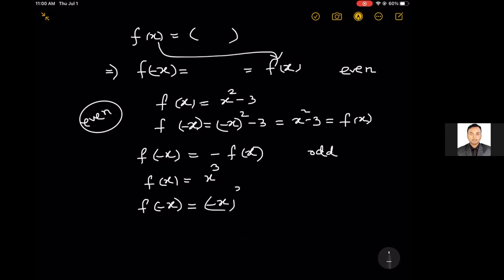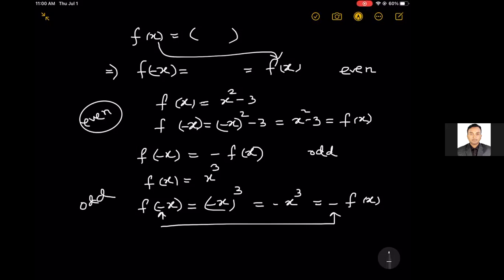Negative x cubed is negative times x cubed, which is negative times f of x, because f of x was x cubed, right? So when we replace it by a negative x, we get negative times the initial function, and it is an example of an odd function.